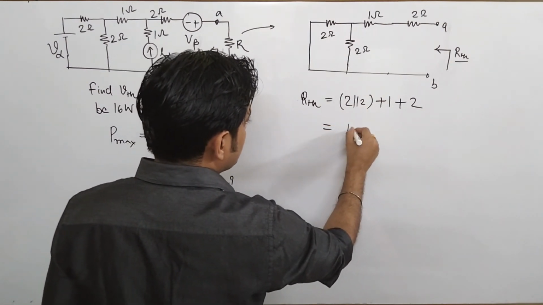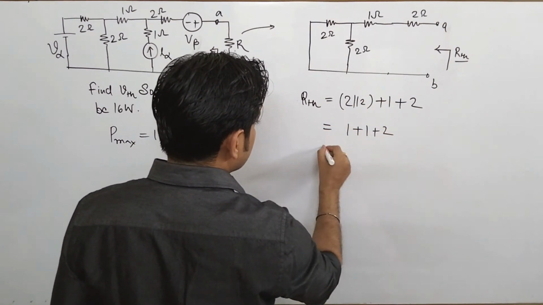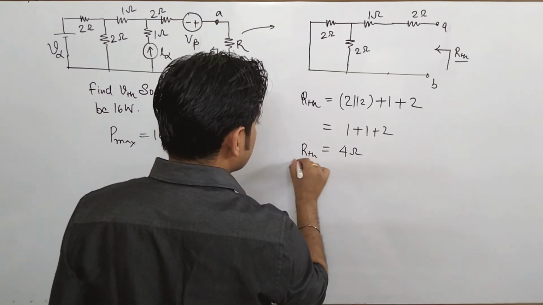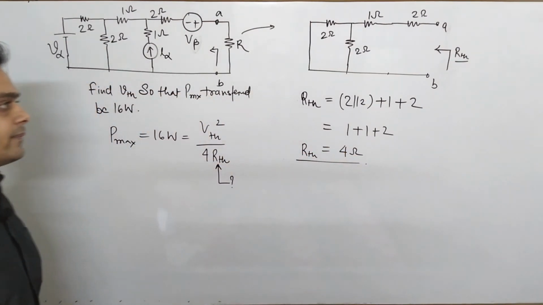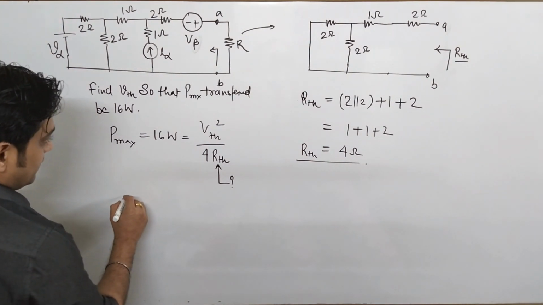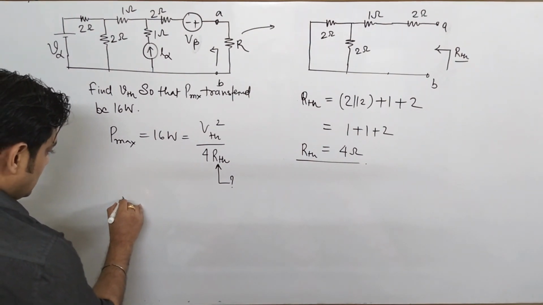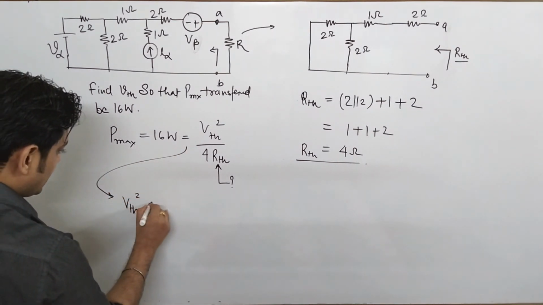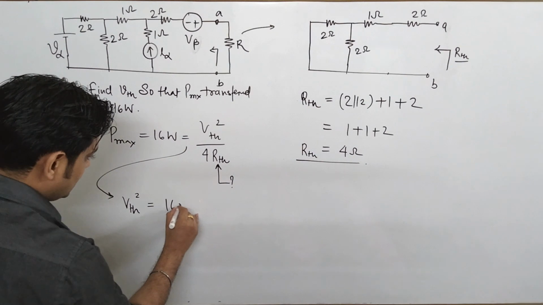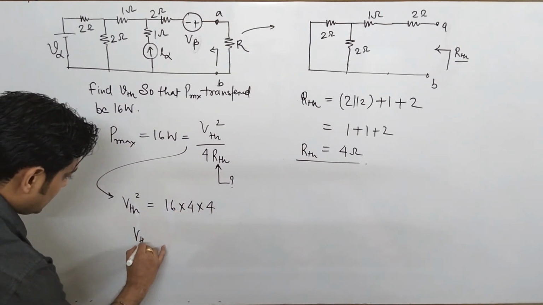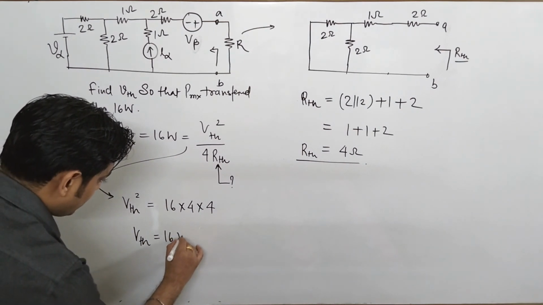So 2 parallel 2 comes to be 1, plus 1 plus 2, so that comes to be 4 ohm. So this is the value of RTH. Very simple. And once you get the value of RTH, VTH square from here comes to be Pmax, that is 16 into 4 into RTH, which is again 4. So the value of VTH comes to be 16 volt.